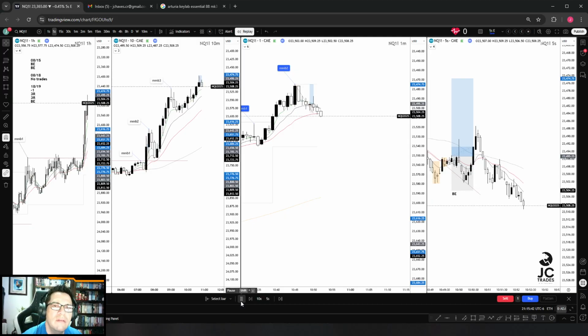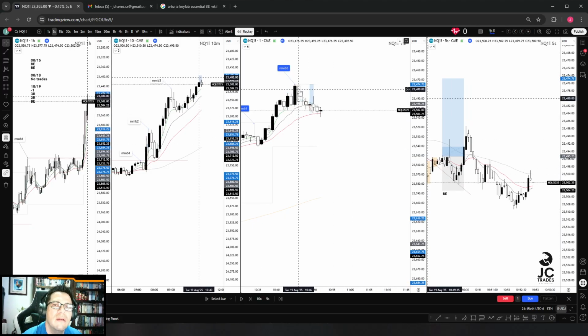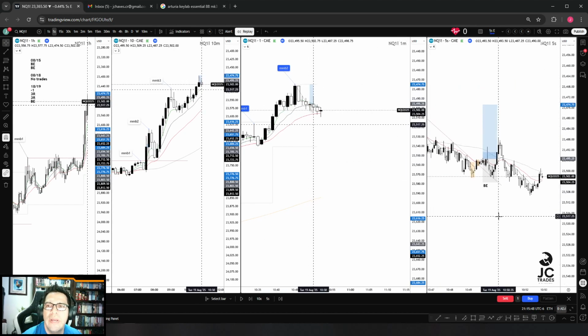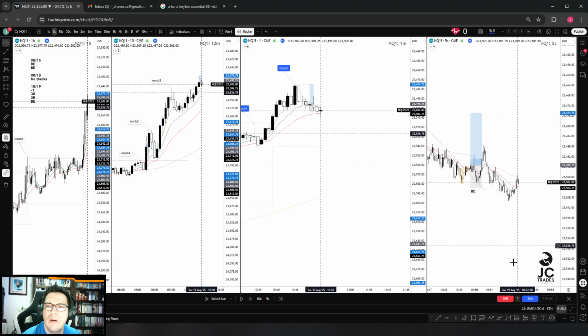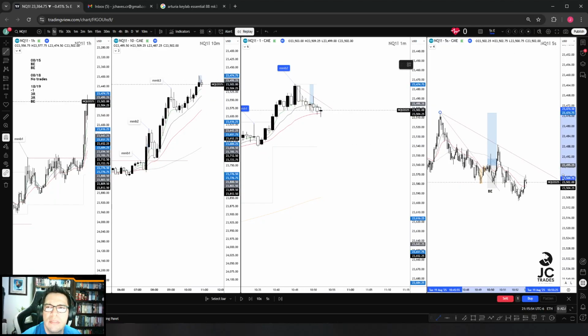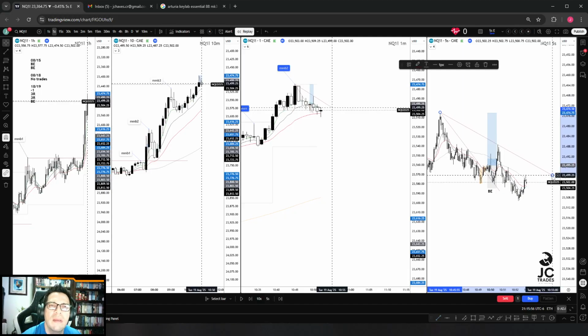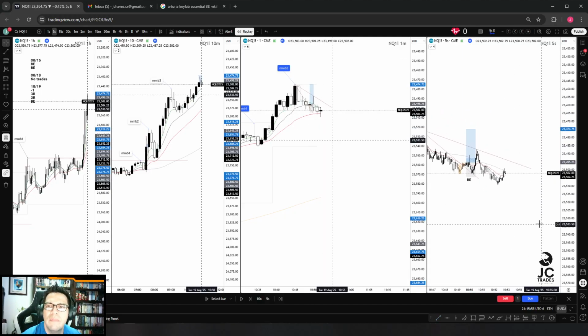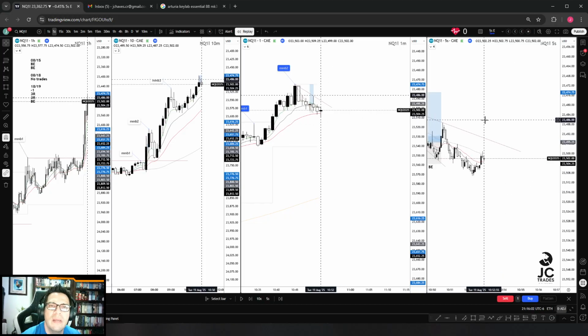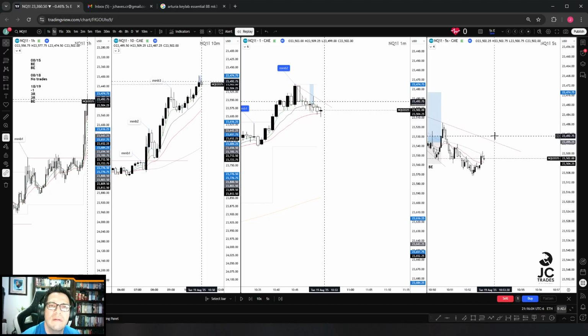So it fails. Once again, it comes to the 20. We could somehow argue that there was maybe a containment line there, but for my taste, this would be very high here on the move.